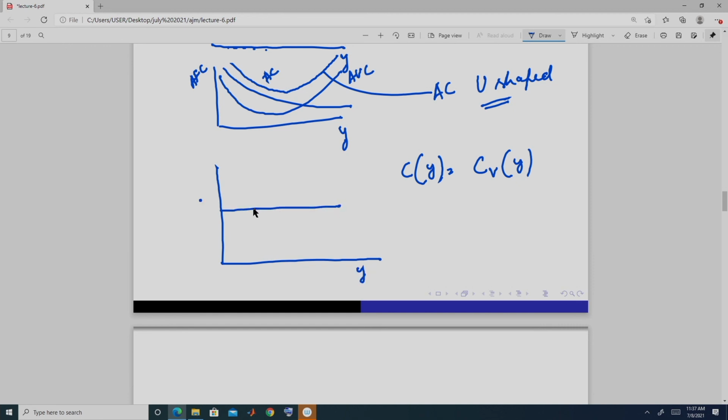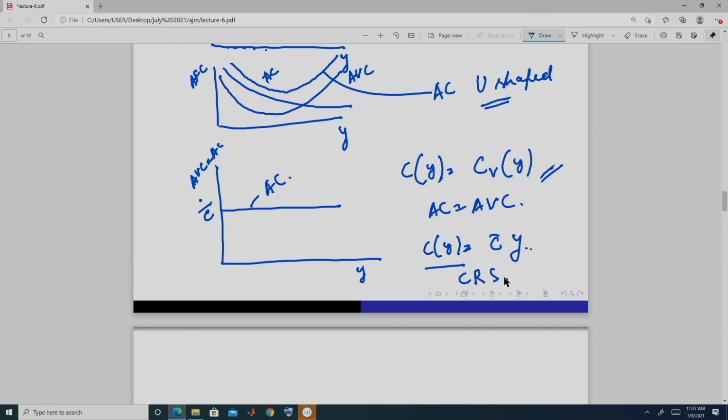This is the average cost. Now, here if you look at this, average cost is the same as average variable cost, because there is no fixed component. And if we have this, then this is something like C, and this is C bar. When do we have a situation like this? This is when we have CRS, constant returns to scale.